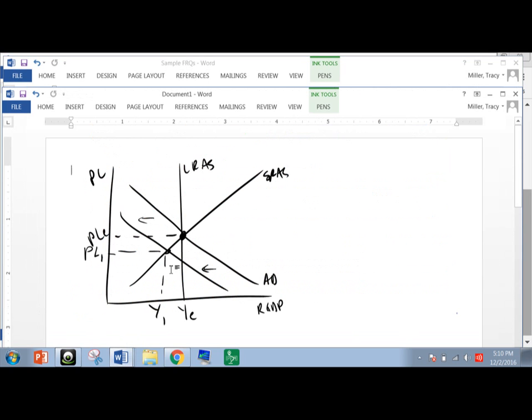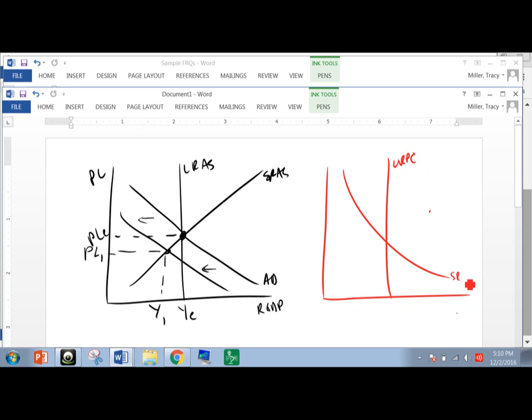So similar to what we've practiced in class, I'm just going to change colors so we can see it a little differently over here. We've got the Phillips curve and we've got that long run Phillips curve. And some of these questions want you to do both, and some of them just want you to do one. So pay close attention to which they want you to do.